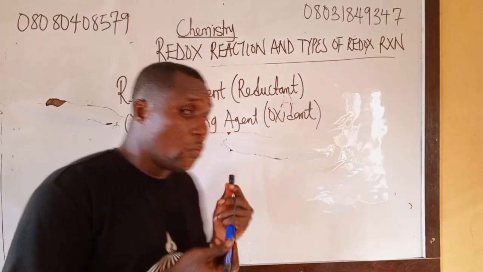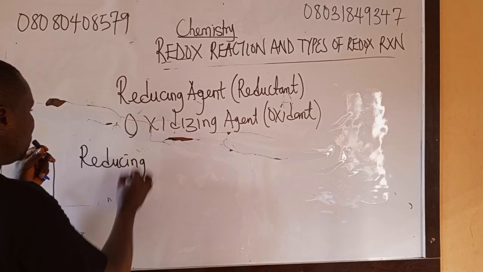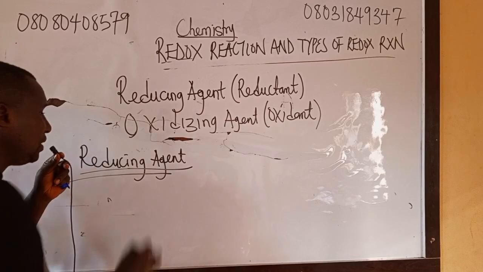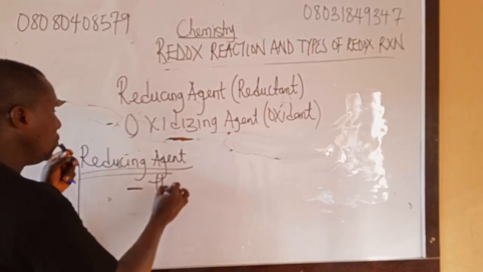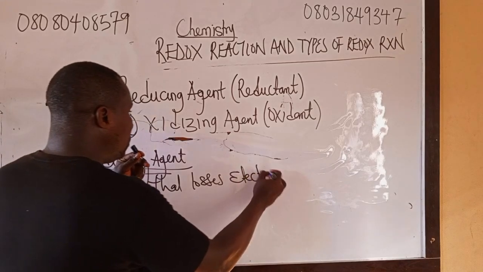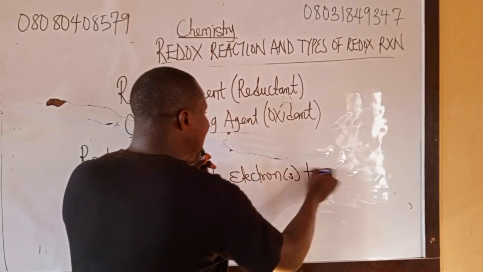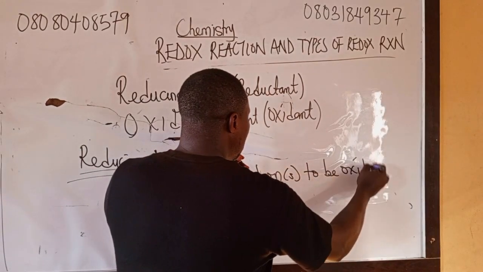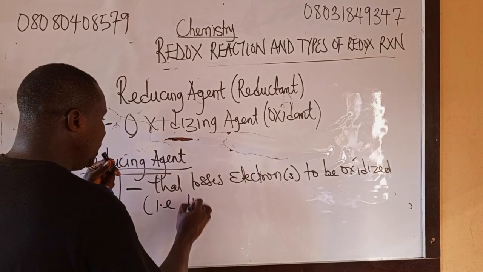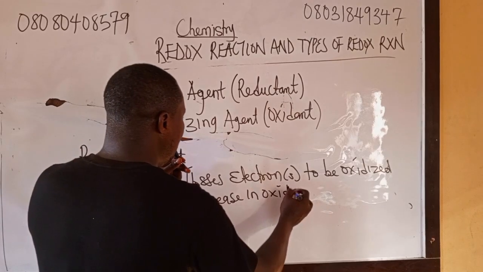You have to know the meaning. What is the meaning of reducing agent? Reducing agent, I told you it's a substance or a species. This is a species that loses electron to be oxidized, that is, to increase in oxidation number.